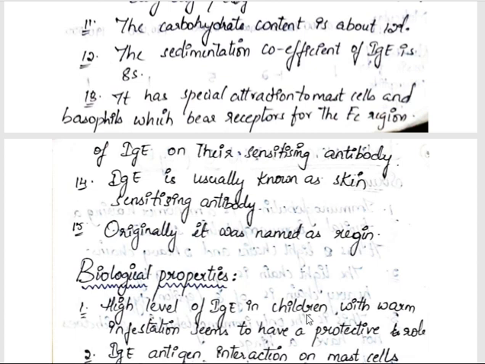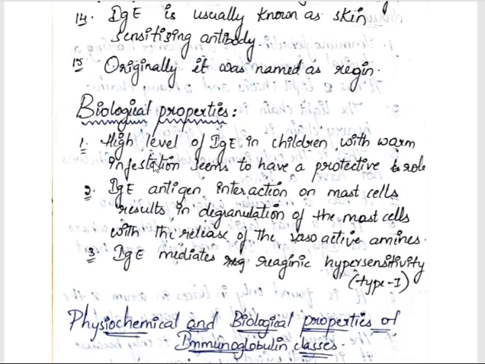And coming to the biological properties, obviously we have very few. A high level of IgE in children shows that they have manifest infection with protozoans, that is worm infestation, and it seems to have a protective role.